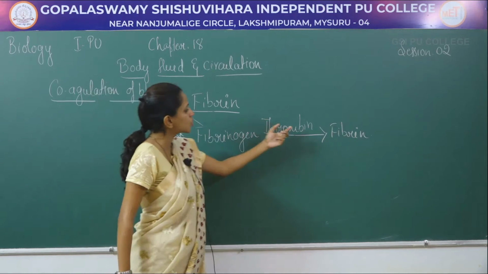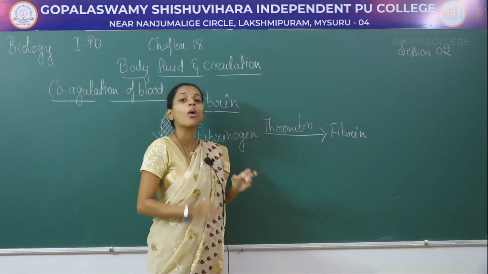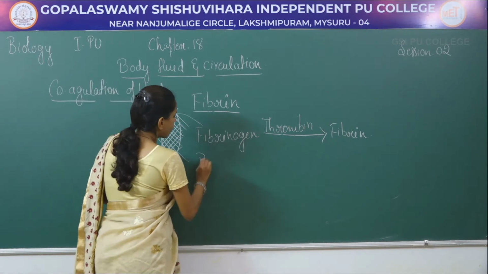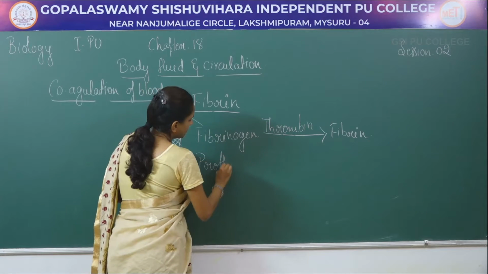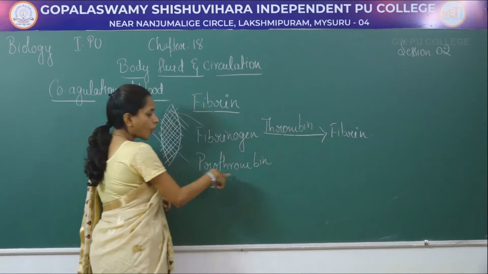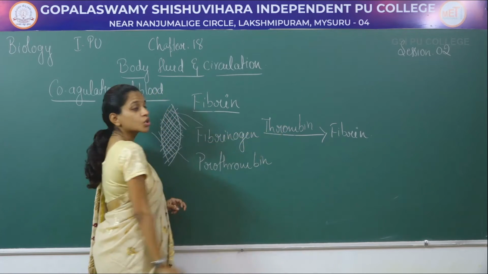Now, thrombin will also be in its inactive form, in the form of prothrombin. Prothrombin is the inactive form of thrombin.